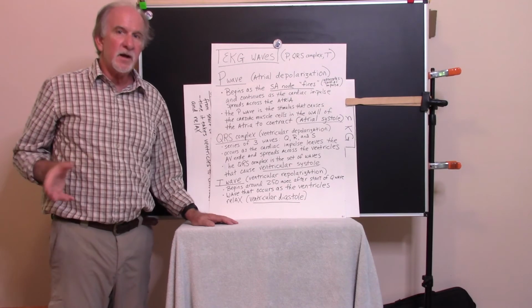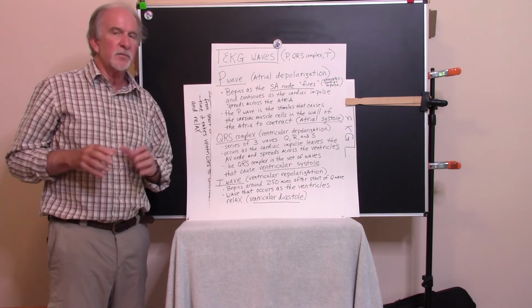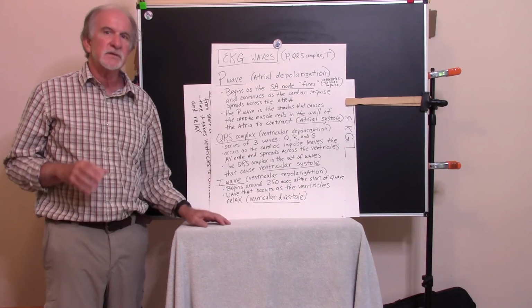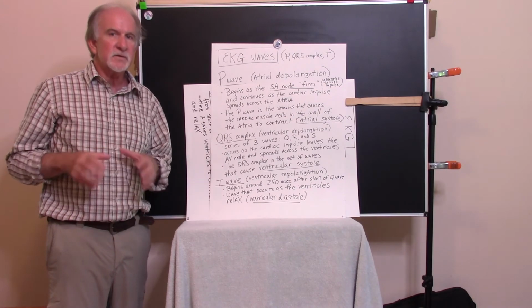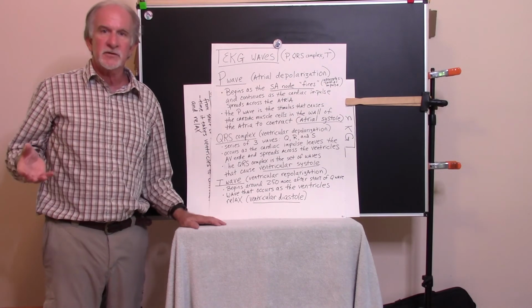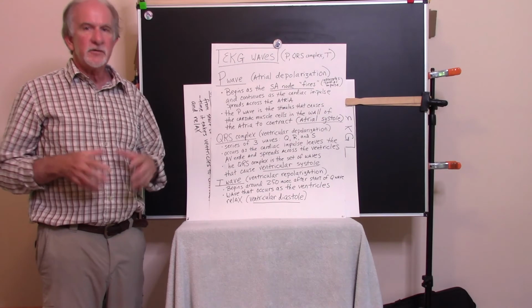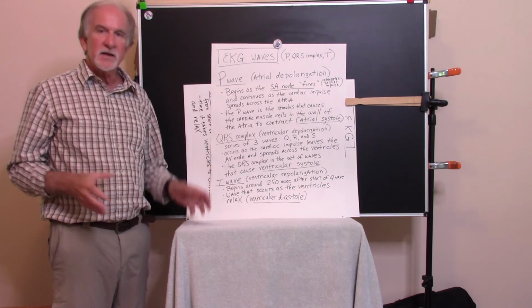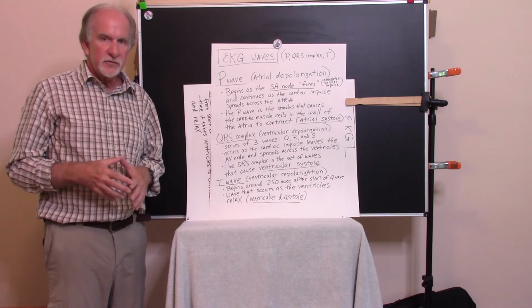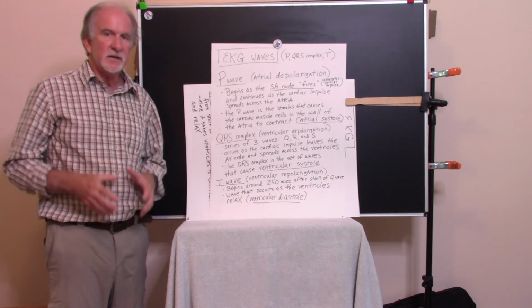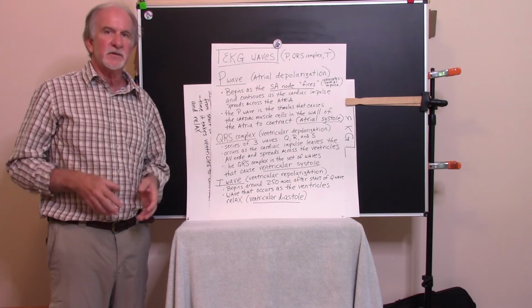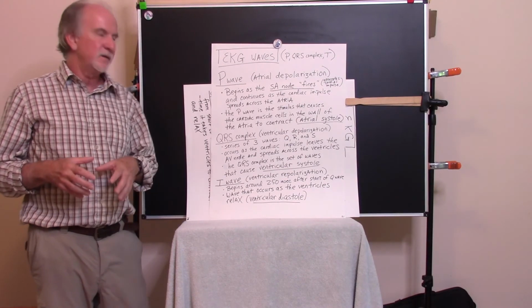The QRS complex is the spread of the cardiac impulse across the ventricles that stimulates the cardiac muscle cells in the wall of the ventricles to contract, and that would be ventricular systole, as the contracting ventricles undergoing systole are pumping blood out into the pulmonary trunk and the aorta.